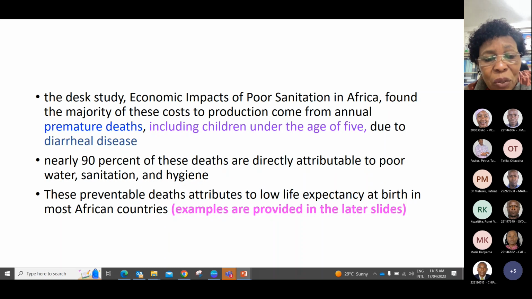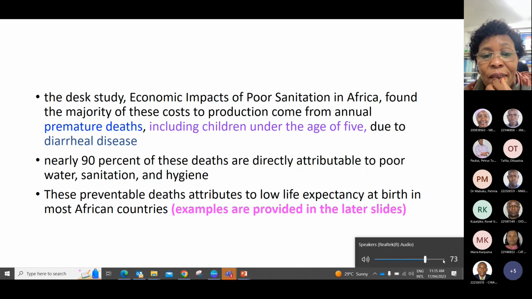And literature goes on to inform us that nearly 90% of these deaths, the premature death and the under five death, are directly, not even indirectly, directly attributable to poor water, sanitation, and hygiene. Again, diseases which could have been prevented and lives be saved.